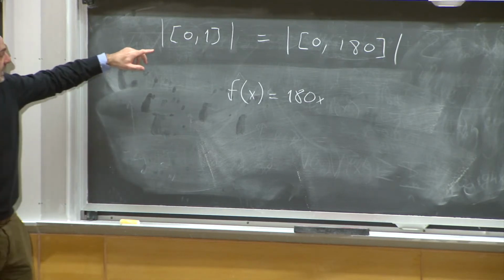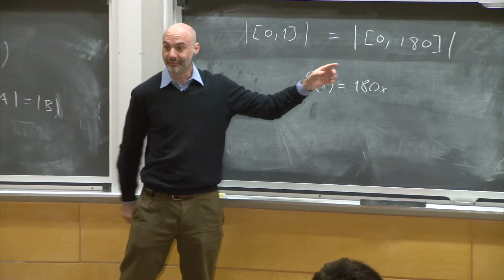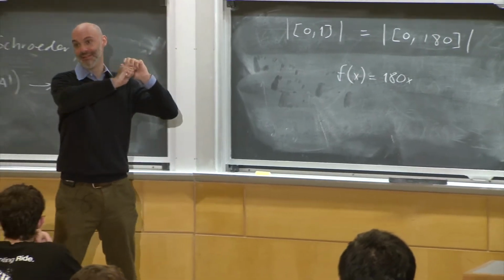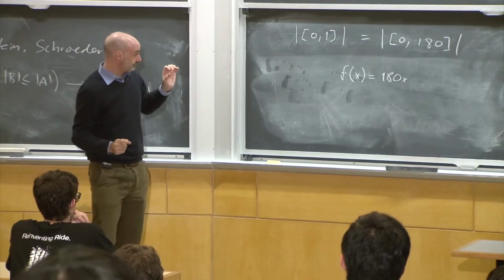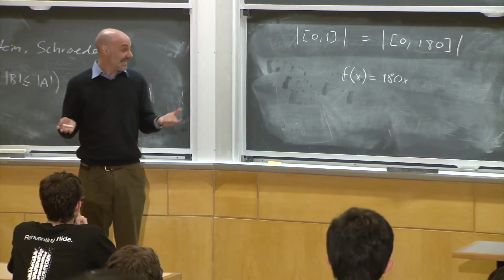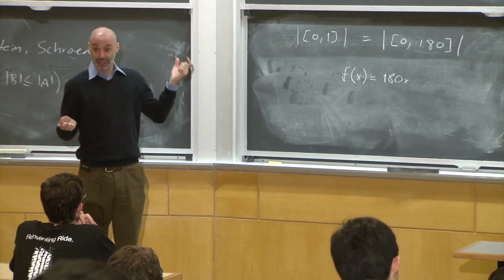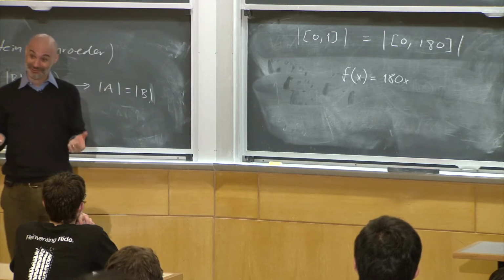So that's going to take 0 to 0 and 1 to 180, and everything in between is going to be nicely stretched out. So we've basically proved something amazing. What we've proved is that any closed interval has the same number of points as any other closed interval.